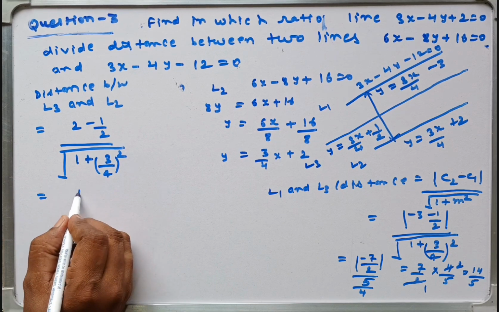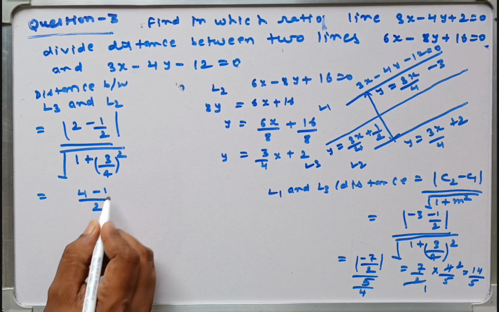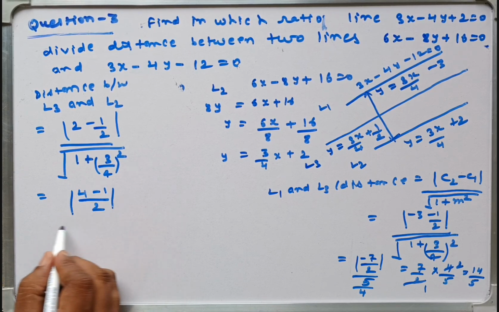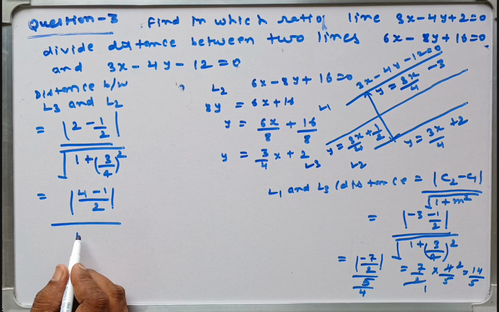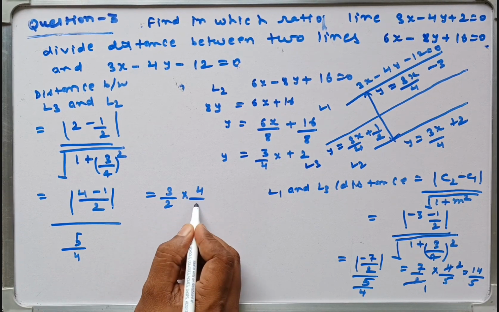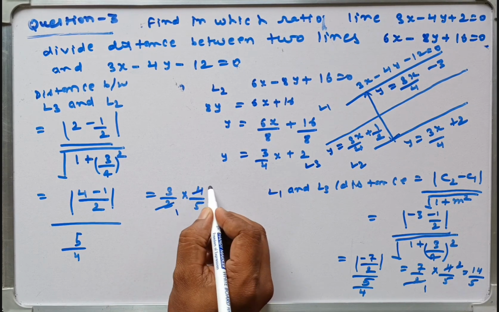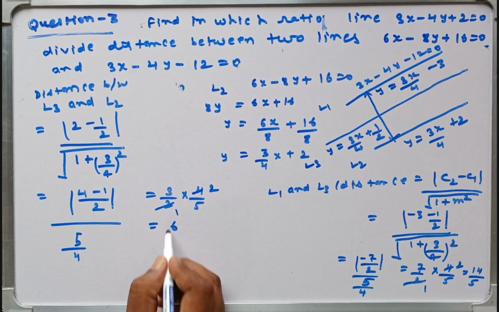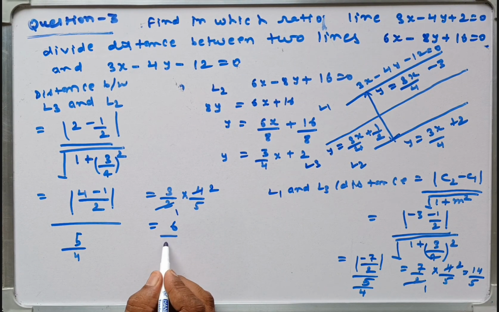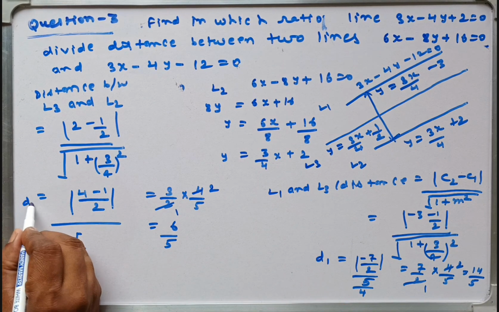Okay, so this will come 4 minus 1 divided by 2, take a mod, and this is coming here 5 by 4. Okay, so this is 3 by 2 into 4 by 5. So what you see guys here, 2 cancels out 1, and this is 2. So this one is 6 by 5.